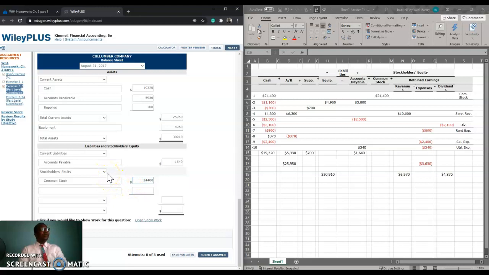So common stock, after we have inputted our accounts payable, put in common stock. Then we go to our retained earnings.